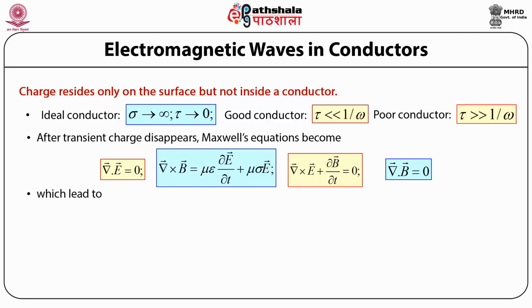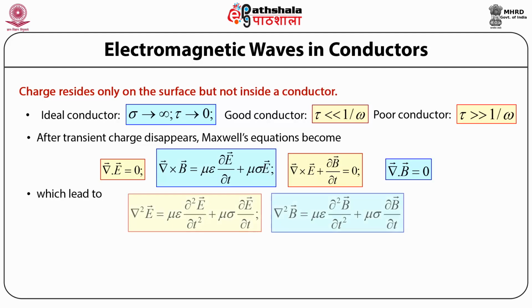Following the same procedure as we did for the case of vacuum and non-conducting media, we obtain ∇²E = με ∂²E/∂t² + μσ ∂E/∂t, and ∇²B = με ∂²B/∂t² + μσ ∂B/∂t.